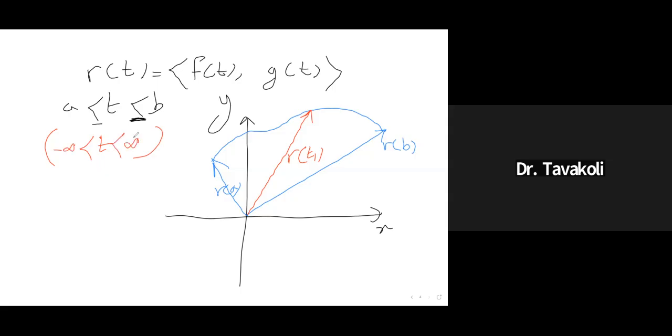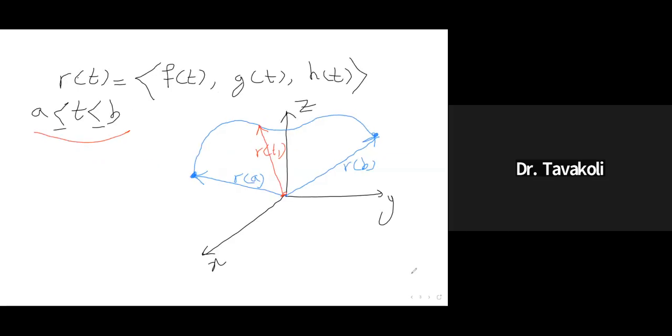Although minus infinity and infinity are not numbers, roughly speaking, any number is more than minus infinity and less than infinity. So in this situation, we don't have a starting point and ending point of the curve. The same holds in higher dimensions.